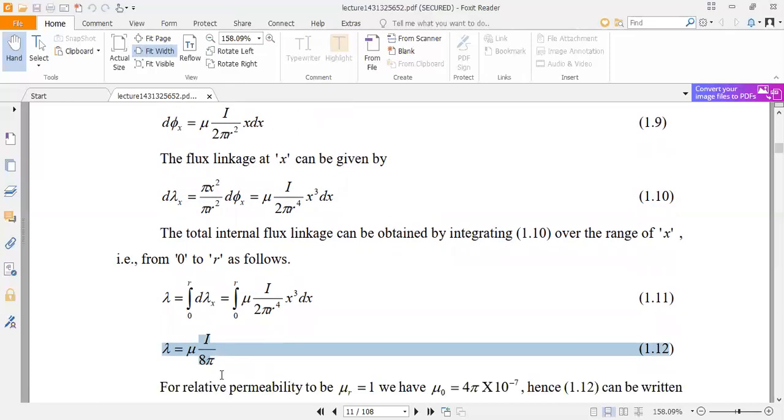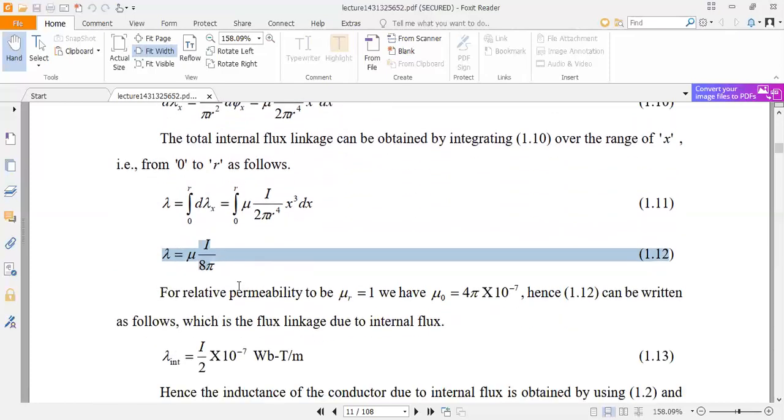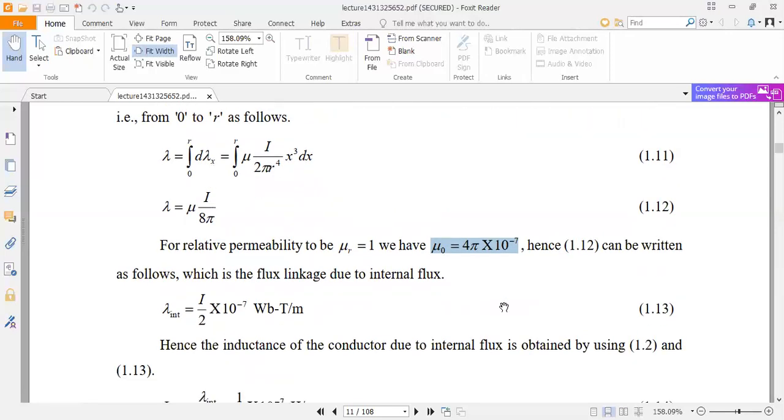Then we put the value of mu r equal to 1, and the value of mu naught, a constant, equal to 4 pi into 10 power minus 7. We can get the value of the internal flux, equal to 0.5 multiplied by I into 10 power minus 7 Weber per meter.